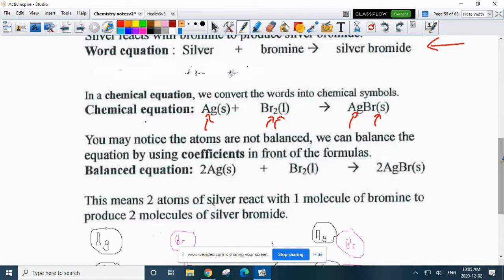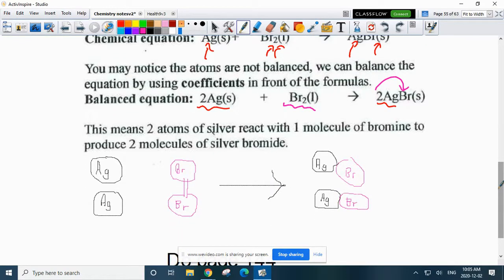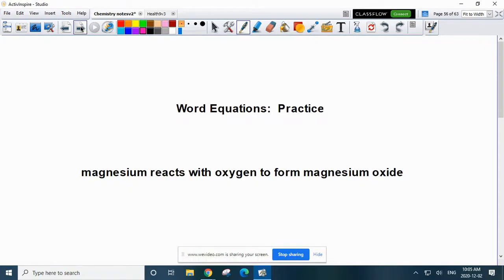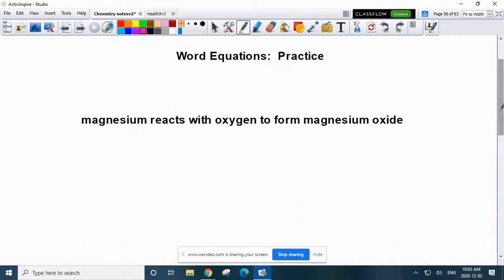So now you can see 2 silvers, 2 silvers, 2 bromines, 2 times bromine. And so what does that mean? It means 2 silver atoms react with 1 bromine molecule to form 2 silver bromide molecules. Okay, and so balancing equations is actually grade 10 work. So let's look at some practice with word equations.